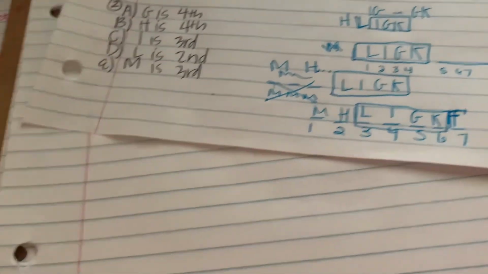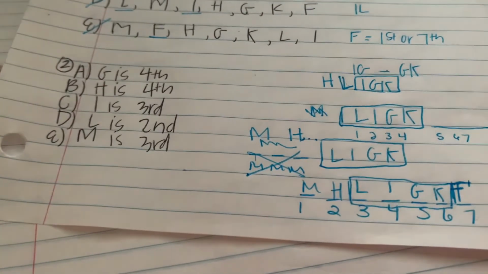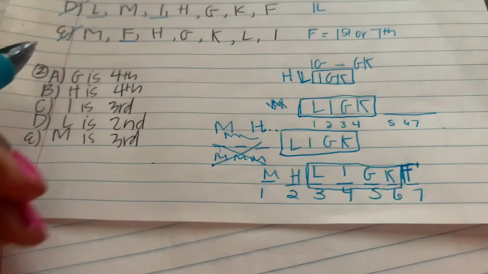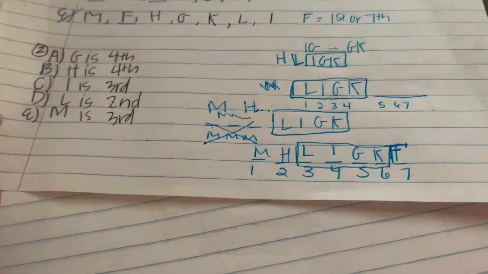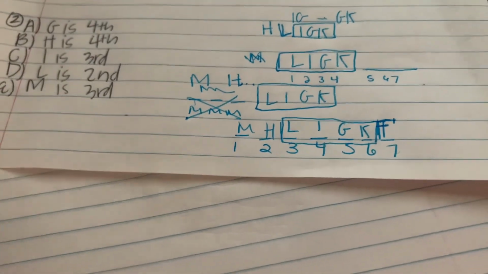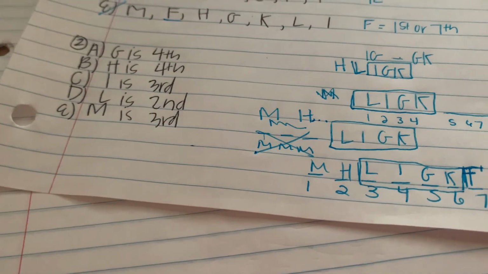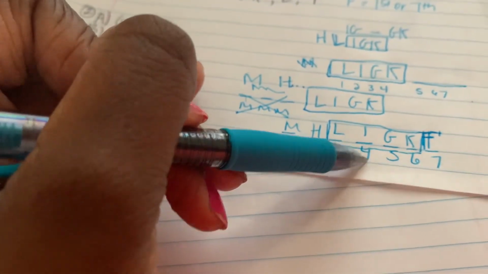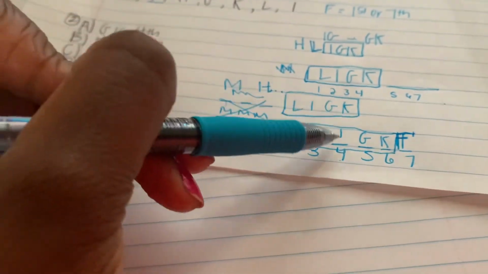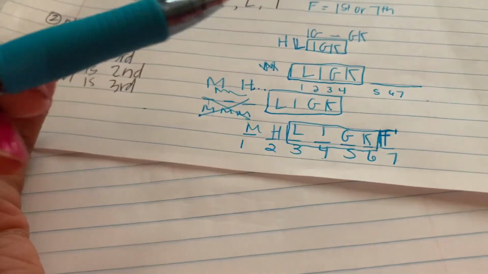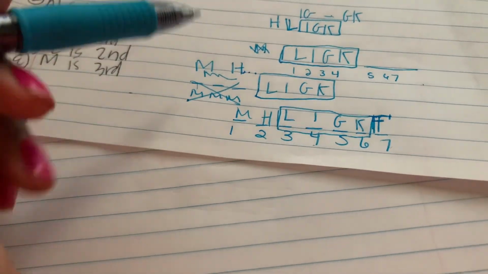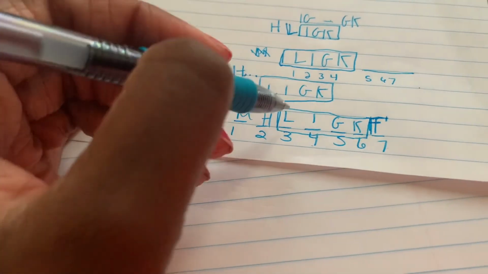Oh my God, you guys. This is so... okay. I feel like, no, I don't feel like any of this stuff that I've done applies here. H is 4th. How can H be 4th? If H is number 4, then what about my L, I, G? That doesn't fit. I is 3rd.